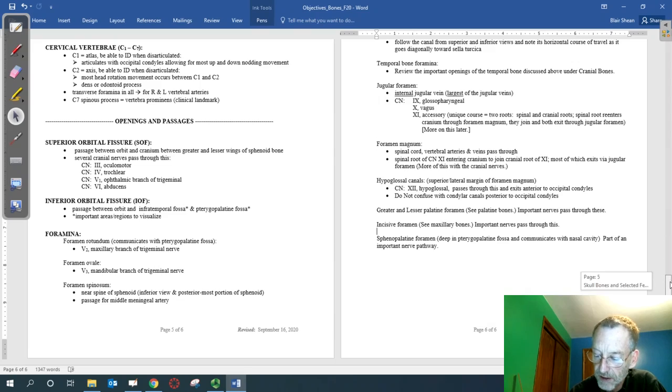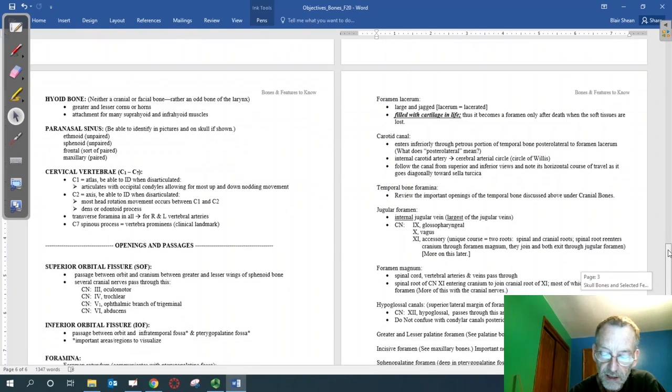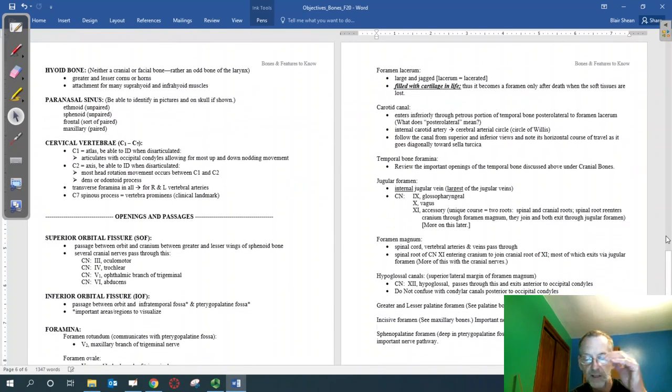The Foramen Lacerum, we just discussed, filled with cartilage in life. We talked about the Carotid Canal. Temporal Bone Foramina. Go back and review this.